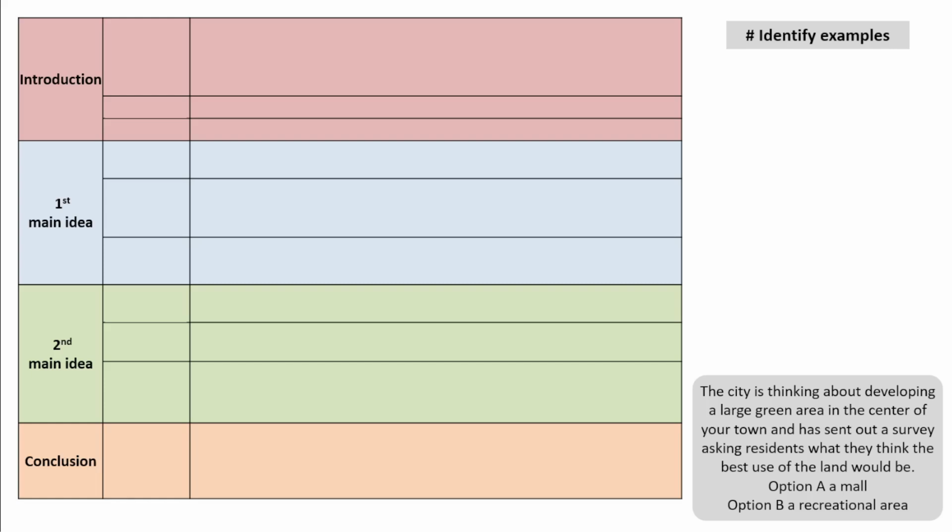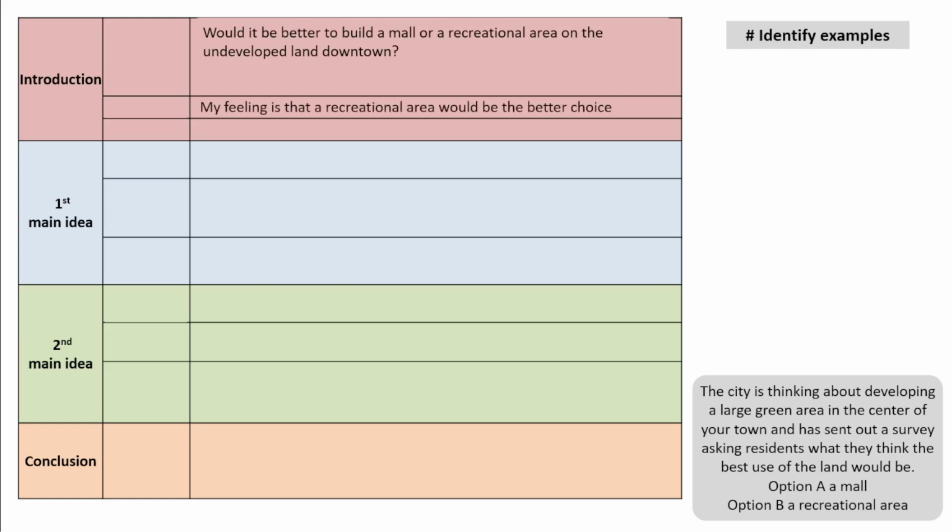Okay, so let's start by putting our understanding of the question up here. And then I need to choose my option. So I'm going to choose the recreational area. And now I need to decide on two main ideas that are going to support my choice of a recreational area.